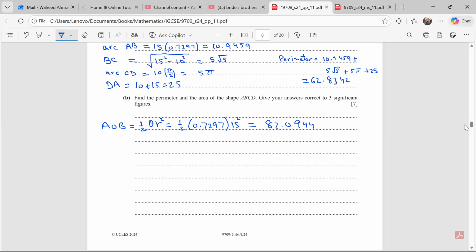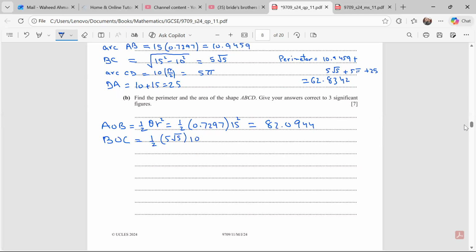This comes out to be 82.0944. Then we have triangle BOC. It's a right angle triangle, so we use the usual formula, half base times altitude. For the base we have found BC as 5 root 5, remember? And the altitude was 10.